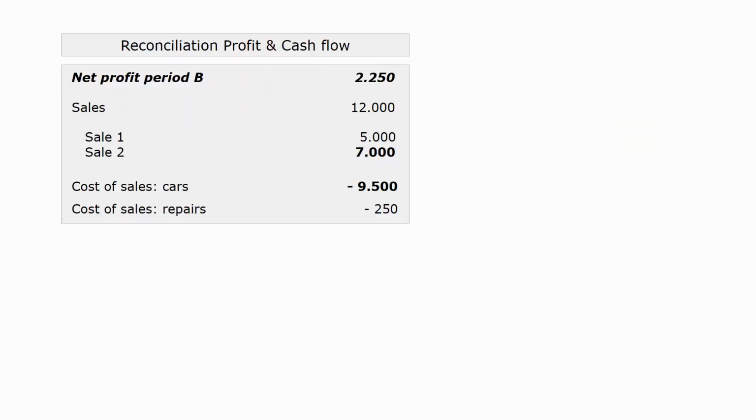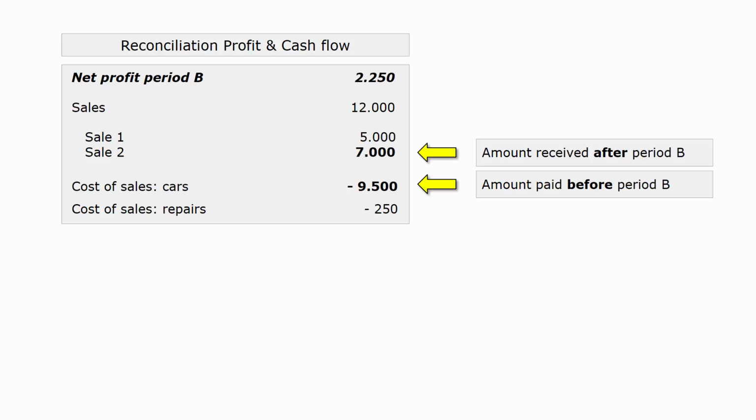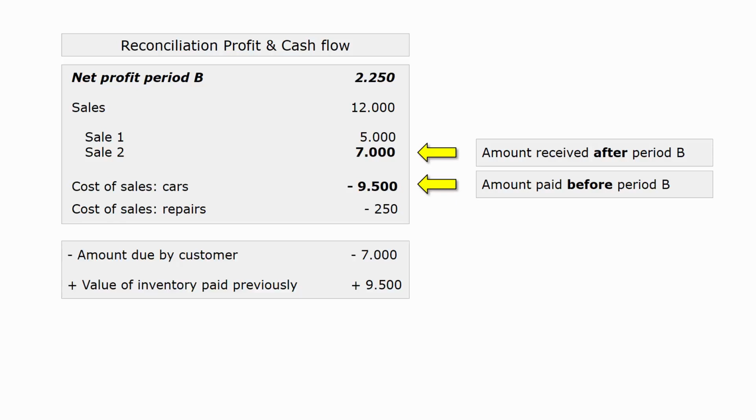The profit measure for period B takes into account two transactions that did not affect the net cash flow in this period. In period B, the second sale has not yet resulted in an incoming cash flow of €7,000, while the purchase of the two cars that were sold in period B had already been paid for before the start of period B. Correcting for these timing differences enables us to reconcile net cash flow and net profit for the period.